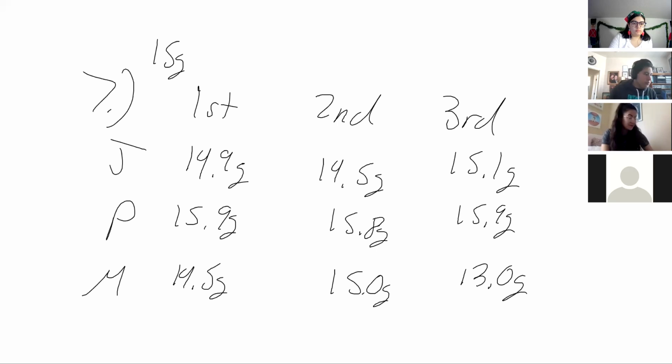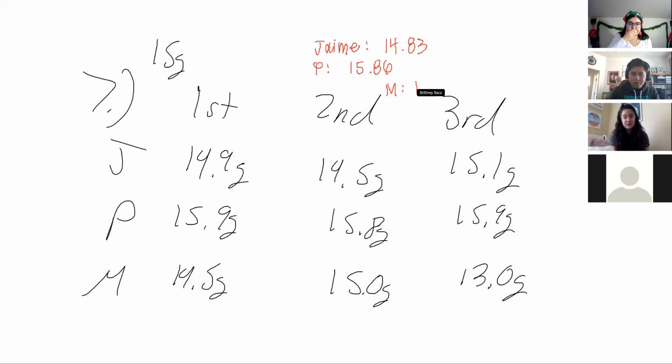Alrighty, we're getting some confirmation. Okay, wait, hang on. The averages we got were, say them again. 14.83 for Jamie, Philip 15.86, and Mariana 14.16.